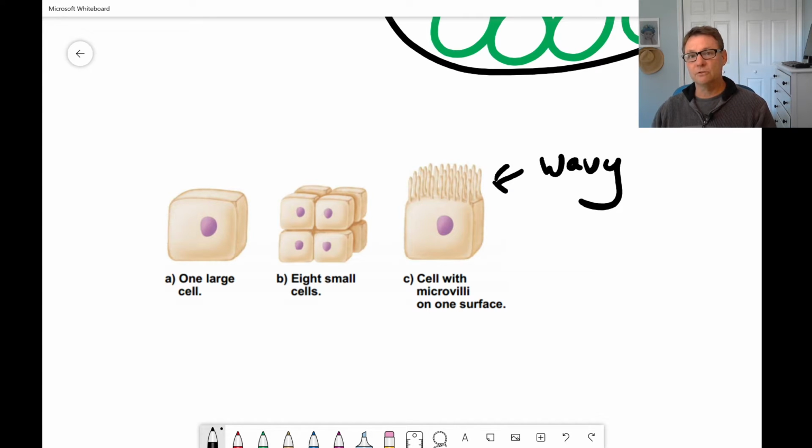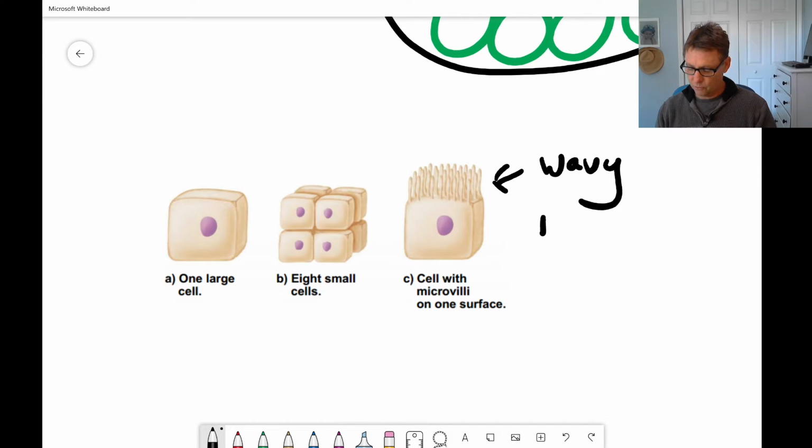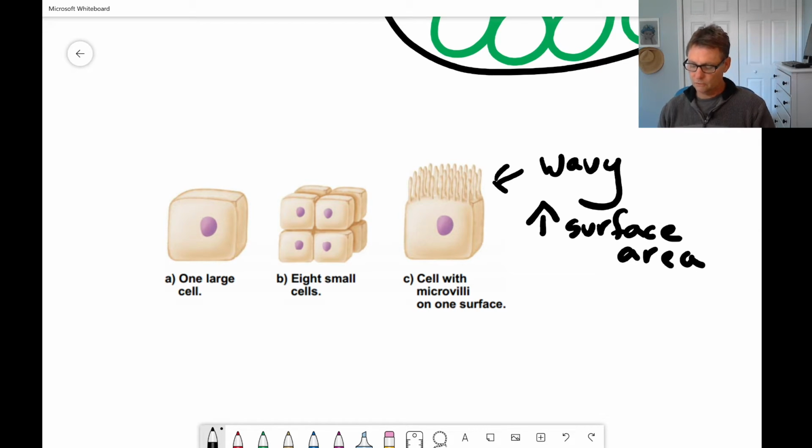So the evolution of wavy membranes is important because it greatly increases the surface area to volume. And so you can have very high levels of exchange with the environment.